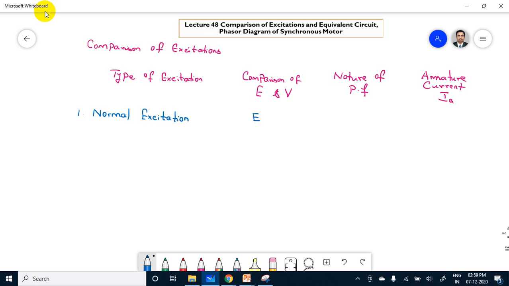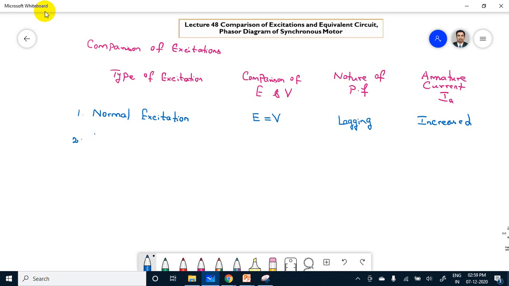In normal, E equal to V. This is normal excitation, and the nature of power factor will be lagging. Armature current IA will be increased during normal excitation.